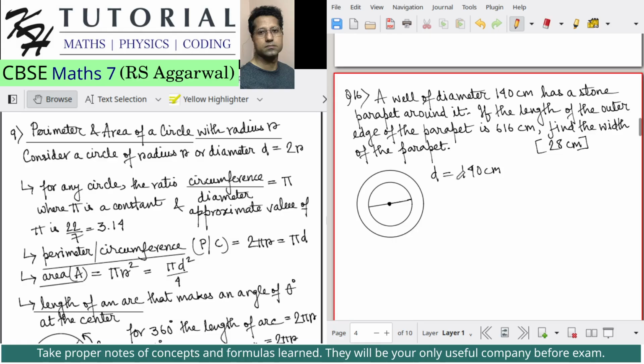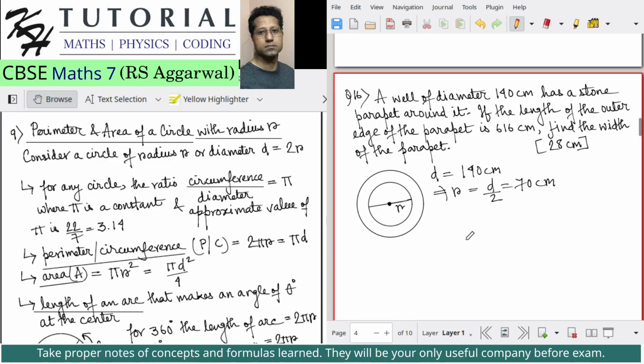So the diameter of the well is given to be 140 centimeter. So let's say the small r denotes the radius of the well. So we will have r is equal to d by 2, which is 70 centimeter.